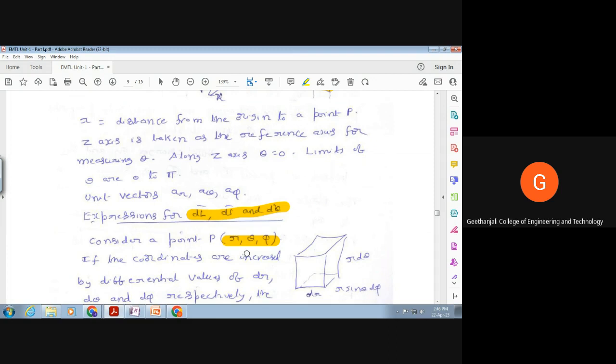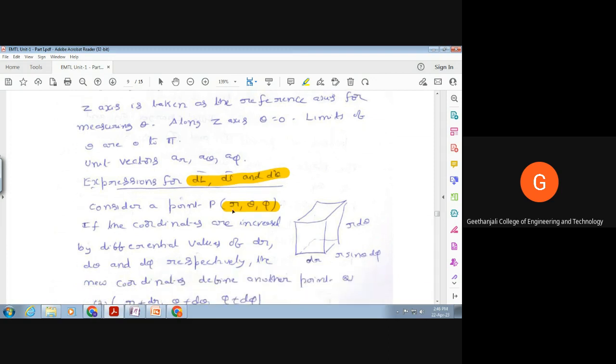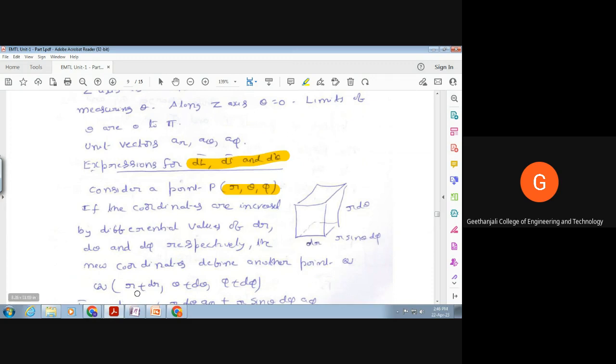Now, if I increase its coordinates by differential values dr, d theta, d phi, we get another point Q with coordinates r plus dr, theta plus d theta, and phi plus d phi. So in defining Q, another three mutually perpendicular surfaces are involved. In defining both P and Q, altogether six surfaces are involved.